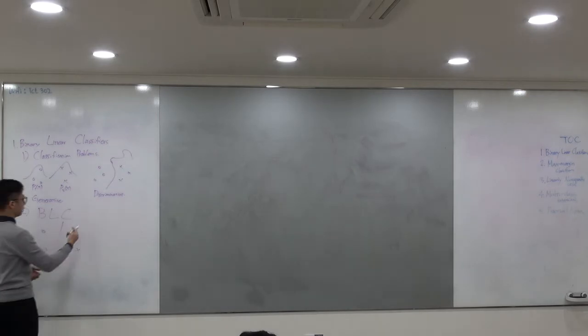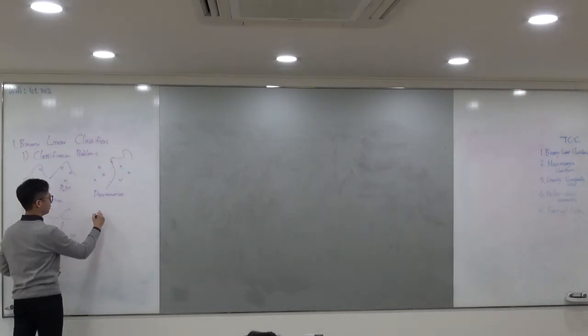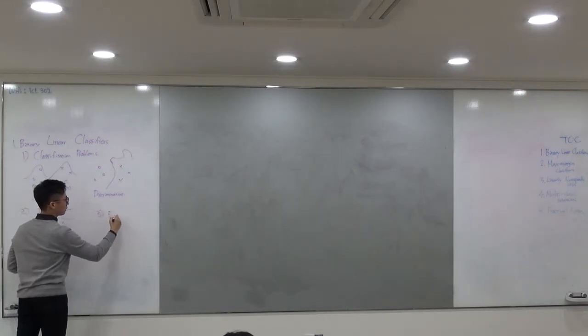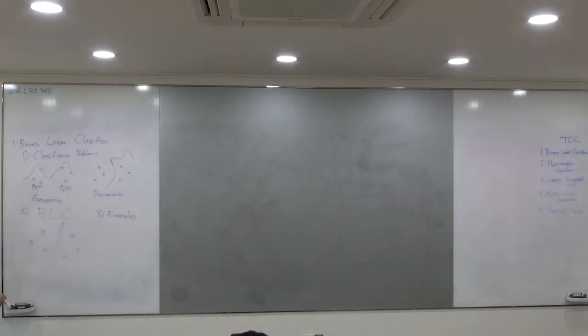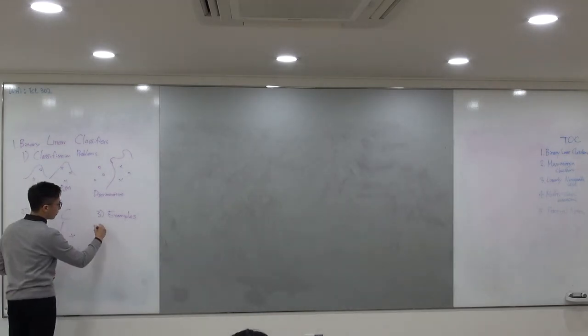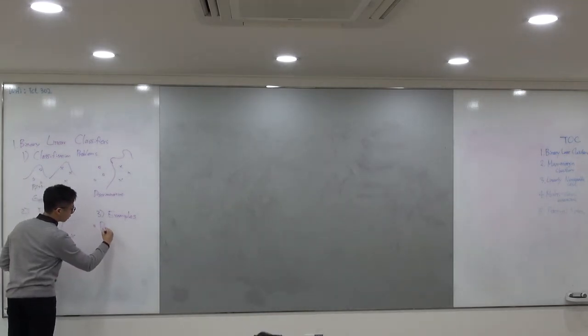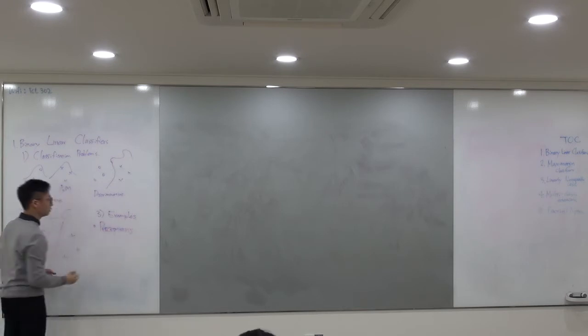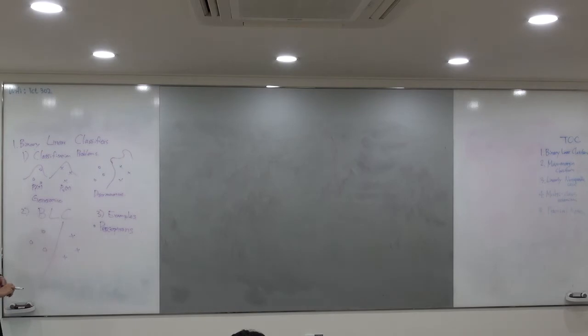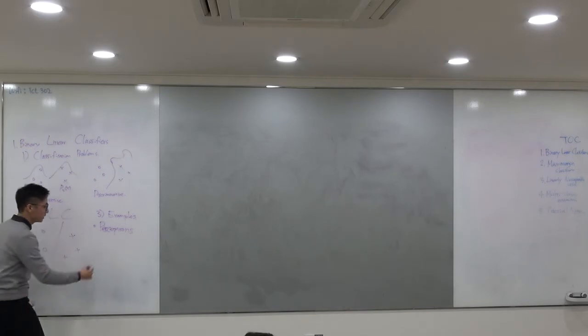Let's try to come up with some examples of binary linear classifiers. The most famous one may be the Perceptron. I think most of you have heard of this word. The Perceptron is really a binary linear classifier itself.